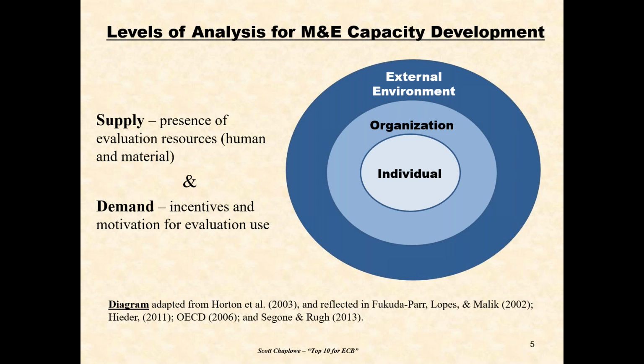And when you're looking at monitoring and evaluation, it's important to think about both the supply, what's the existing human, financial, and physical capital for monitoring and evaluation, and also the demand, and that's, what are the incentives or motivations to use skilled personnel to deliver on M&E or to engage people in an organization.